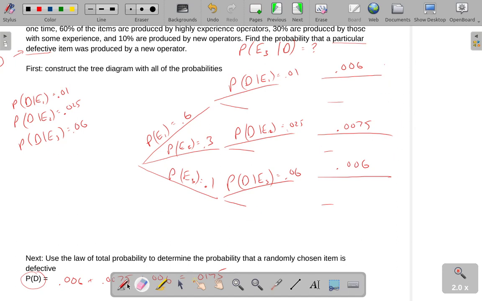But the people with some experience produce more than the new people, and they still have a higher defect rate than the experienced people. When we multiply those together, you can see more of the defective items actually come from those with some experience than from either of the other two camps.